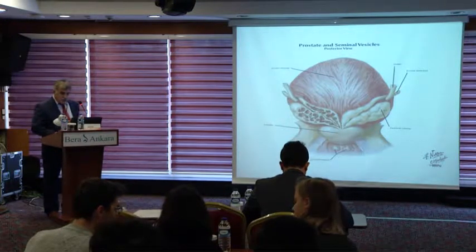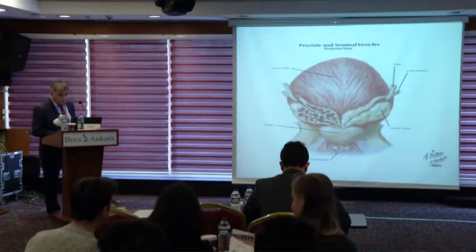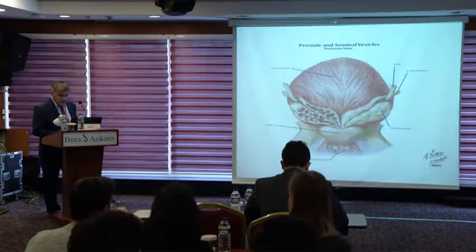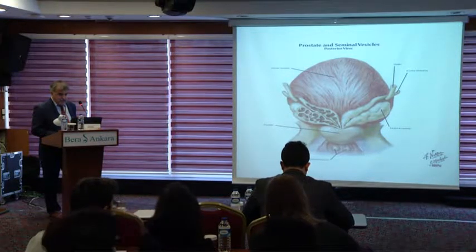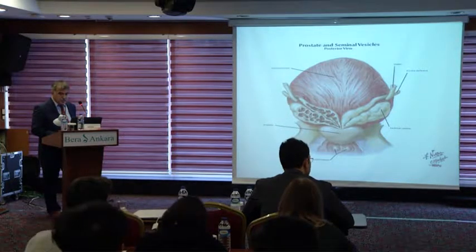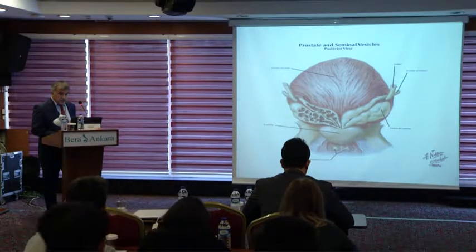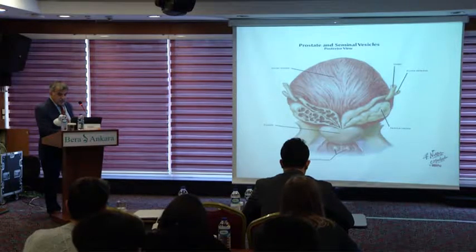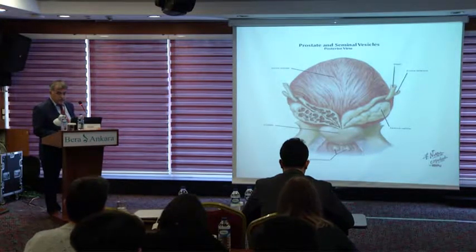The vesicula seminalis are located superior and posterior to the prostate gland. These are the ductus deferentia, singular ductus deferens, bringing sperm from the testis to the seminal vesicle. The seminal vesicle contributes fluid to semen during ejaculation.